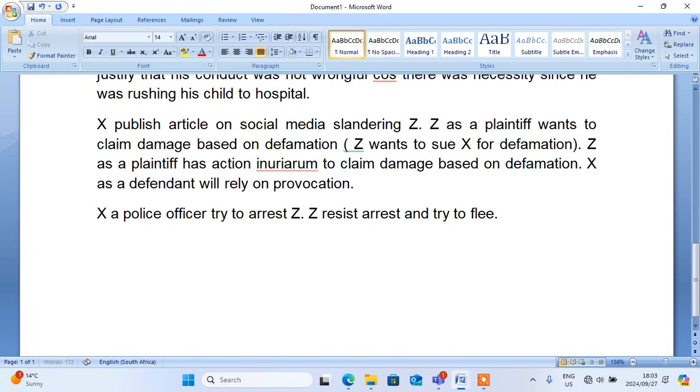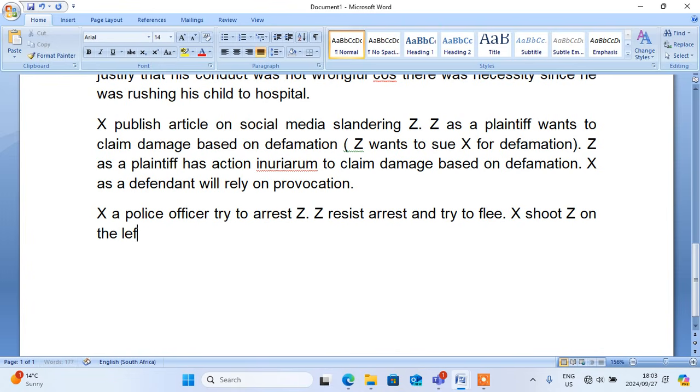X shoots Z on the leg in order to arrest him.